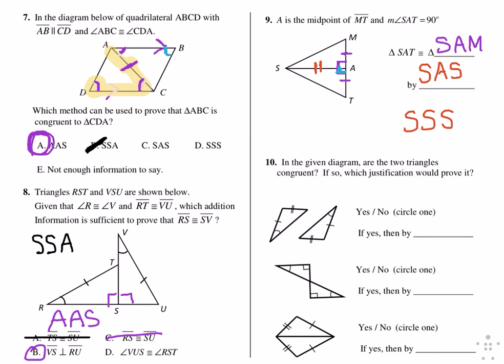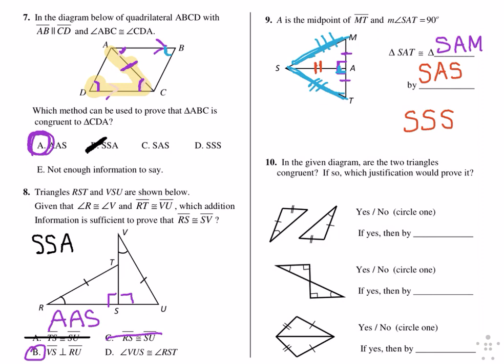The two legs are congruent to each other, so if we know the two legs, we could solve for the hypotenuse. And this hypotenuse has to be congruent to this hypotenuse because the legs are the same length. So you could argue that side, side, side would also be an answer choice that you could put there.